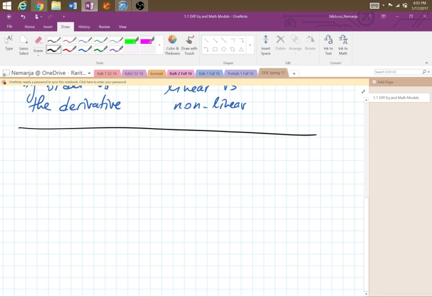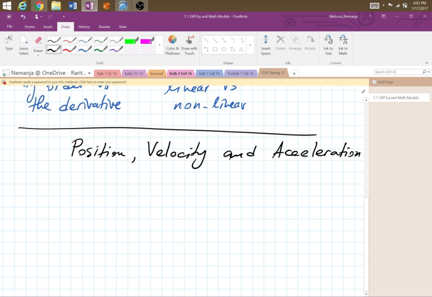So let's talk about position, velocity, and acceleration. Now there is also jerk, which is the derivative of acceleration, how fast acceleration changes. You experience it every time when you push your gas pedal or your brake pedal abruptly, right?